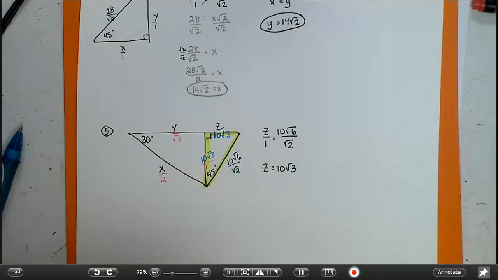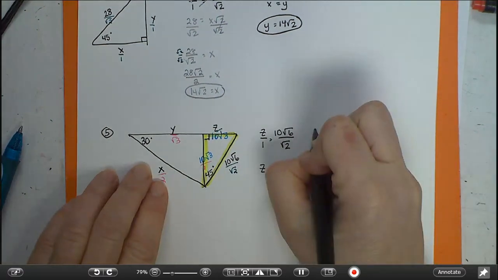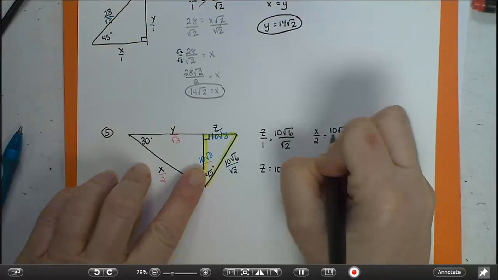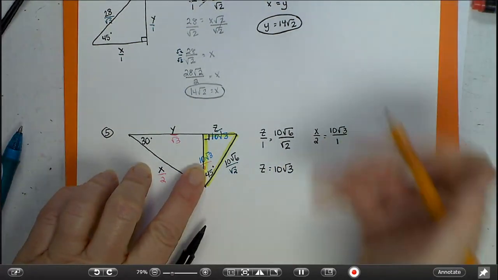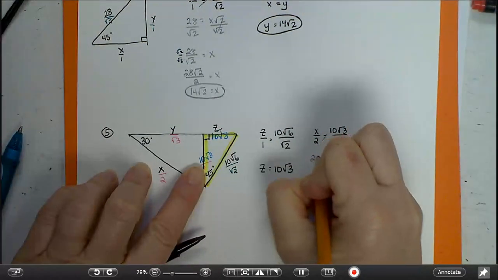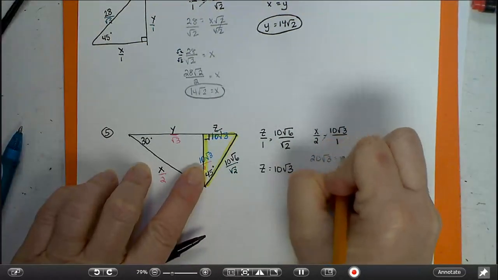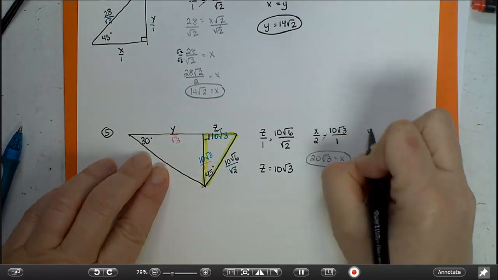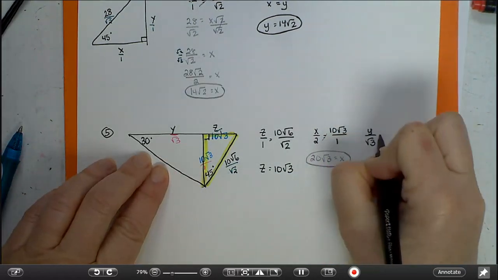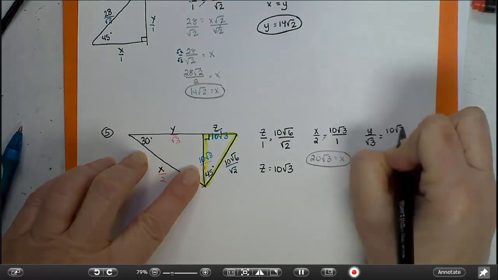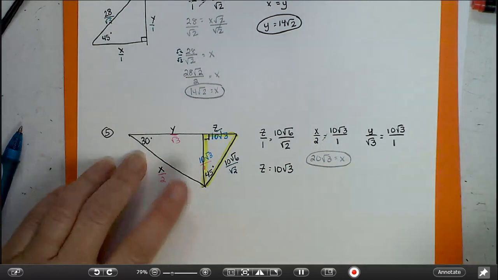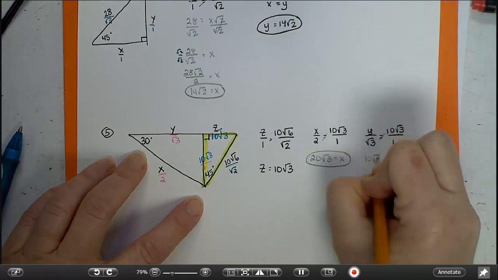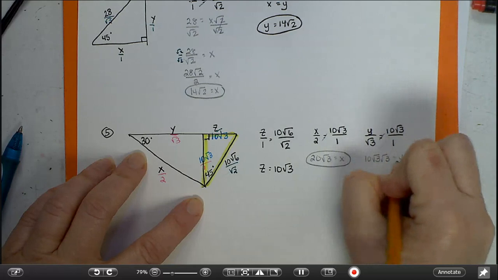So we can solve those last two little guys. We have x over 2 equals 10 root 3 over 1. Cross multiply leaves me with 20 root 3 equals x. And for y over the square root of 3 equals 10 root 3 over 1, and cross multiply. 10 root 3 equals y.